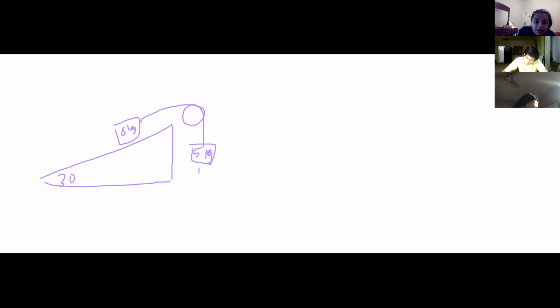So we have down, we have mg. In this case, since there's two, I write M1g or M2g, otherwise I get confused. Okay, m1g down, m2g. I should have written it the other way.